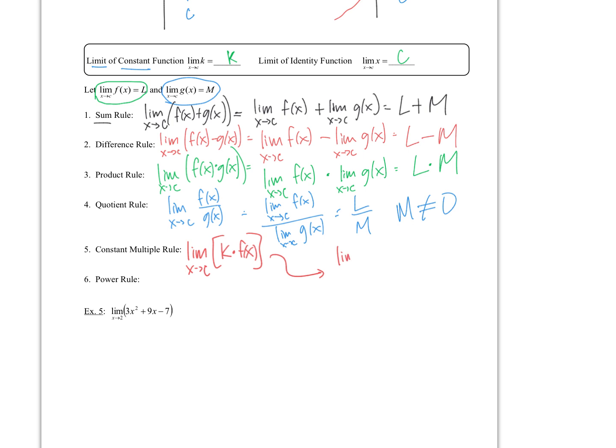It's the limit as x approaches c of a constant times the limit as x approaches c of the function, which gives me this one. The limit of the constant is the constant, and then the limit of the function as x approaches c is L.